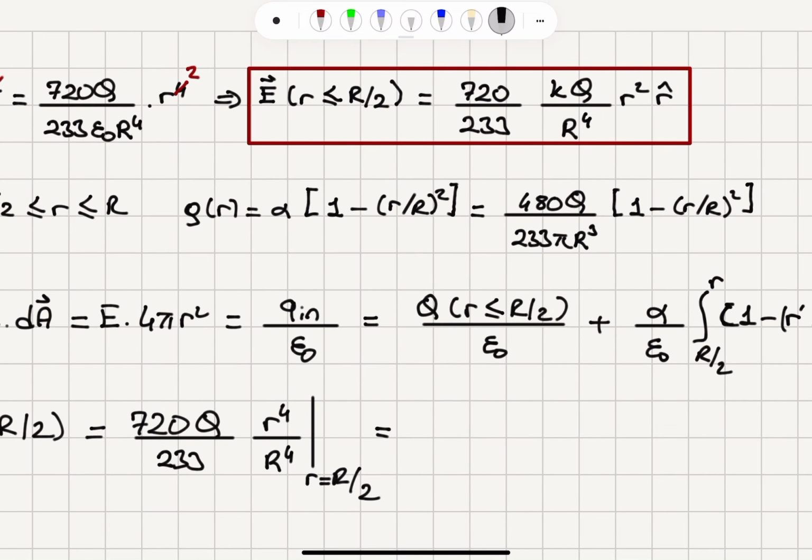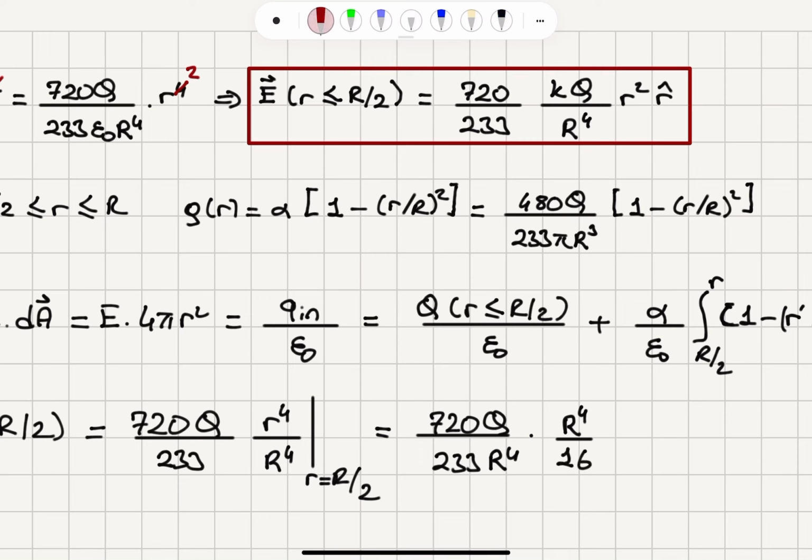So this will give me 720 Q divided by 233 capital R to the fourth power, times capital R to the fourth power divided by 16.